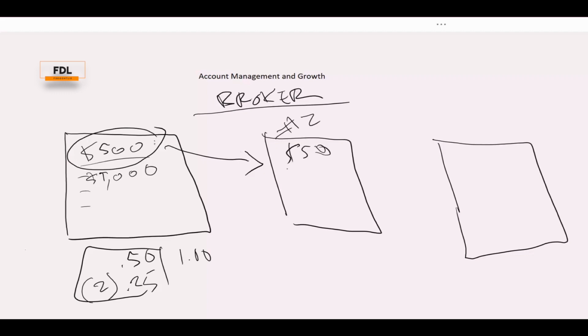So now those $500 are safe because you're using the second account inside your broker as a savings account. So now you have $500 that are safe. And then now this account, you're back to square one. Yes, you're back at $500, but that is okay because now you're trading with house money.